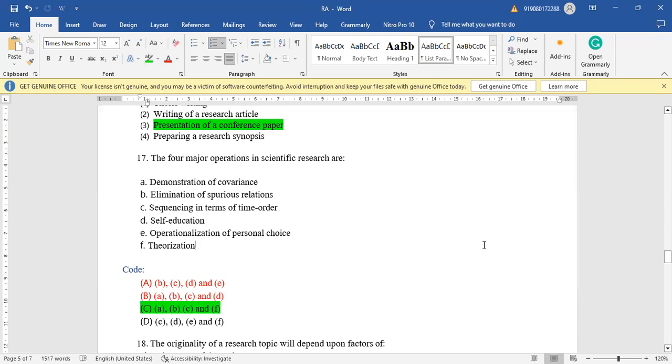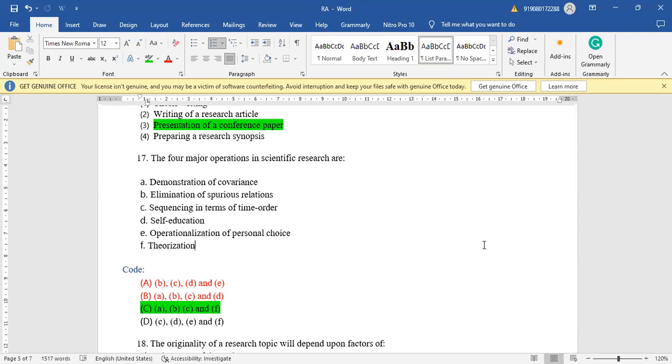Okay. Demonstration of covariance. That is how two variables are related. Elimination of spurious relation. So spurious means dubious or error in the relation. So those type of relationships or hypothesis can be eliminated. Then sequencing in terms of time order. Present your research findings in such a way that time order.